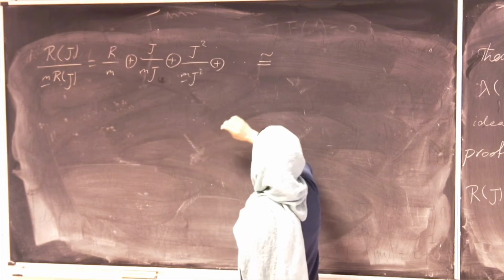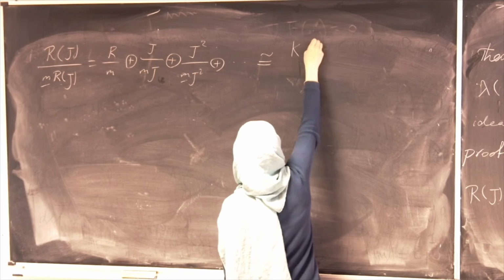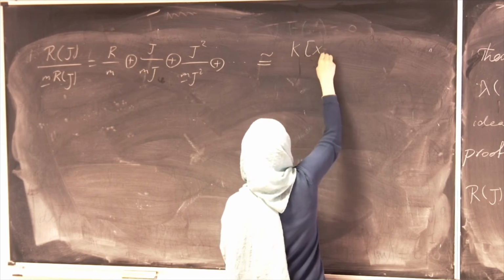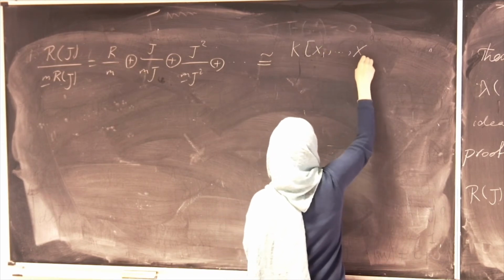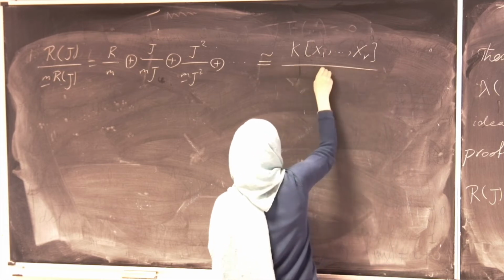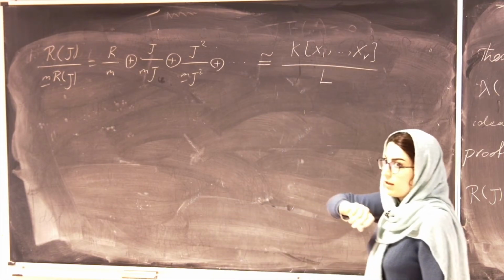So this is isomorphic to the quotient of a polynomial ring by some kernel.